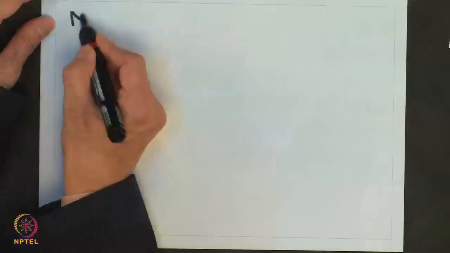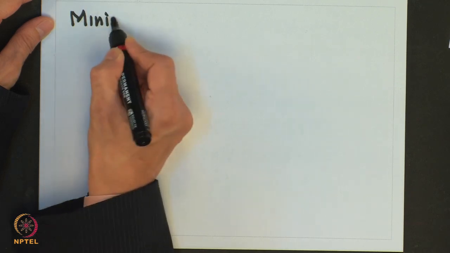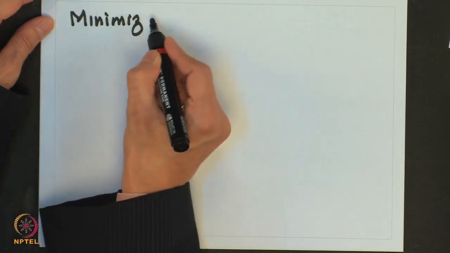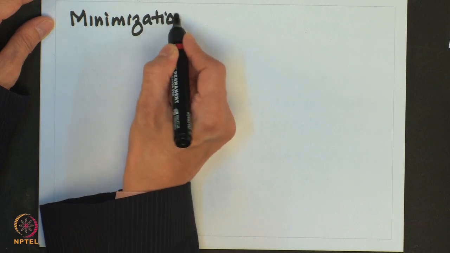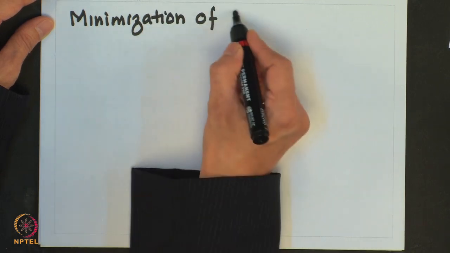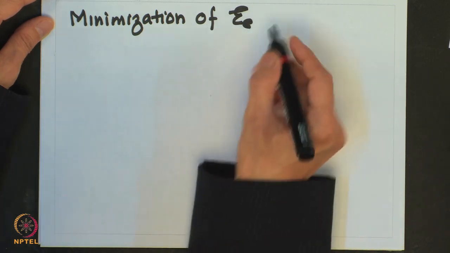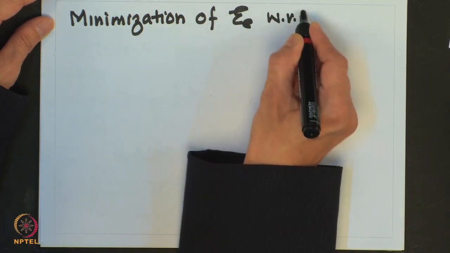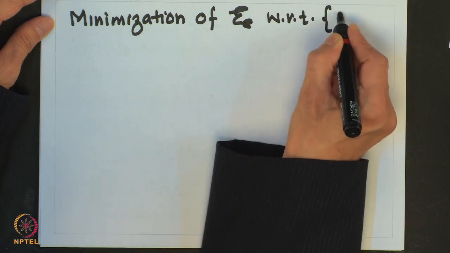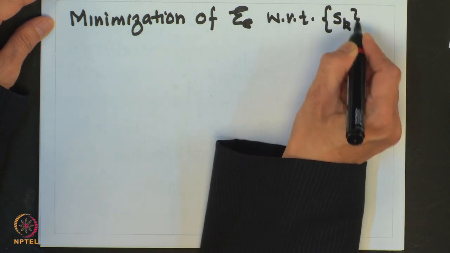Okay. So, let us try to do that. So, my problem is minimization of this error energy with respect to coefficient s_k.